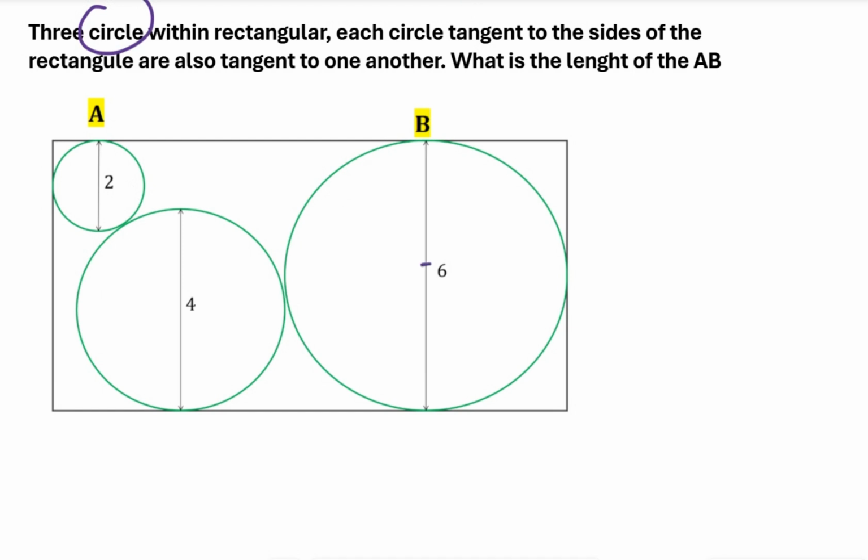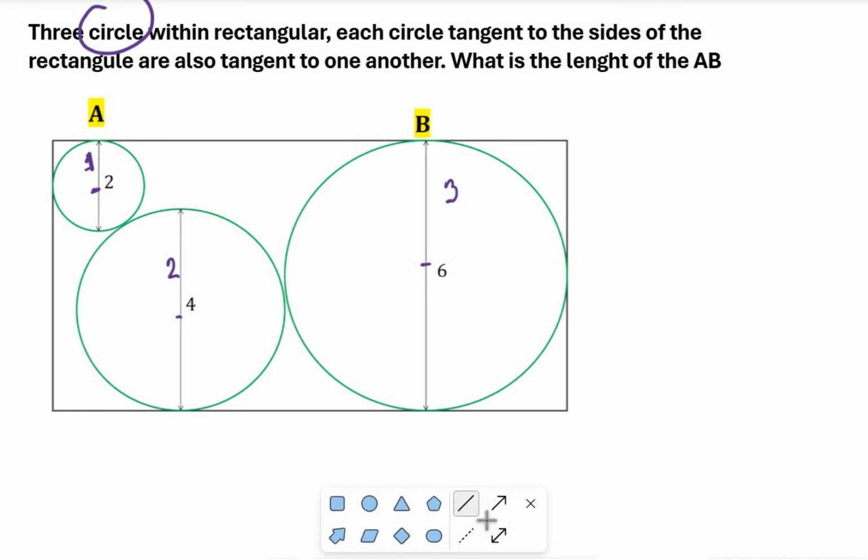So this is the center. Up to this length is 3 units, and for the second one this will of course be 2, and this one is 1, right? Now what we have to do, what is our main goal?